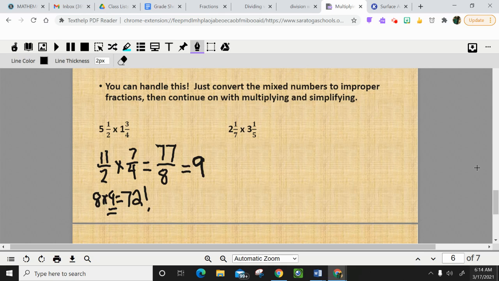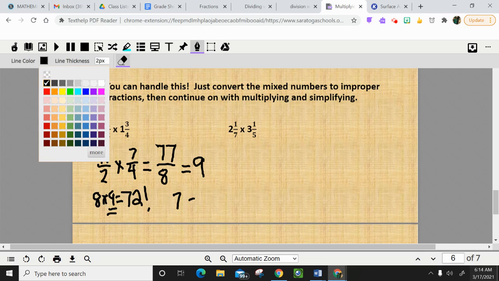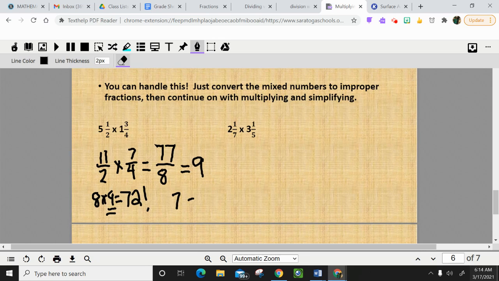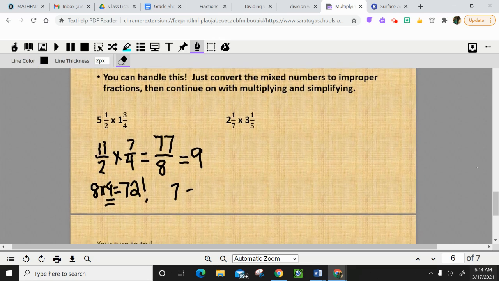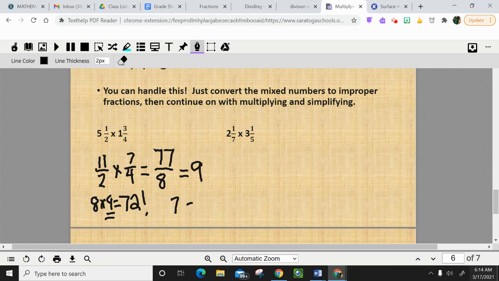But what's left? Well, 77 minus 72 is 5. So 9 and 5/8. All right, this one you're going to practice. So the video will pause.